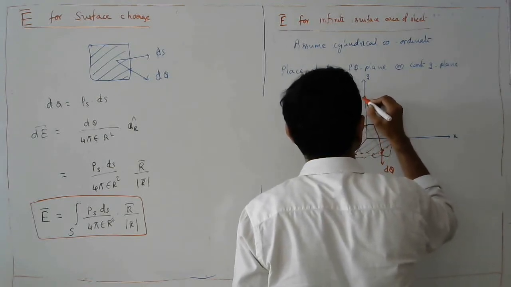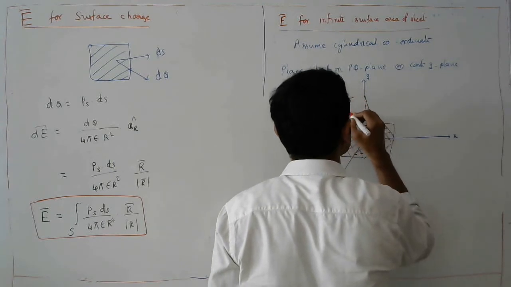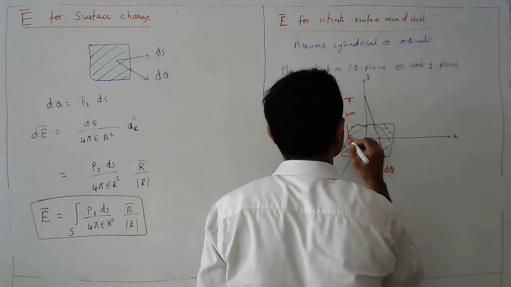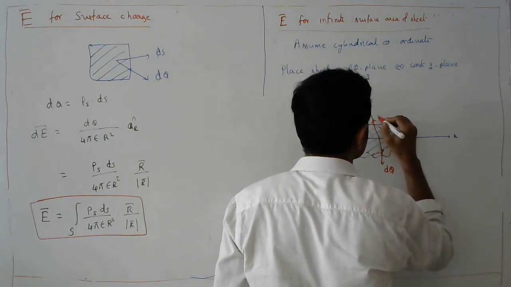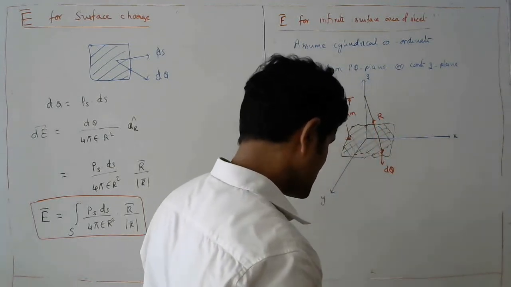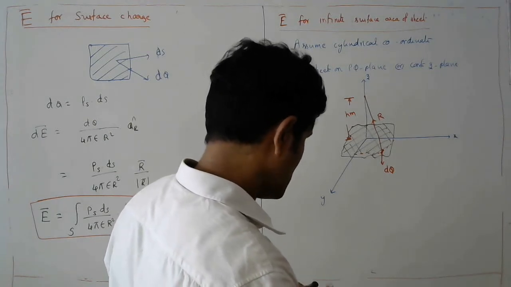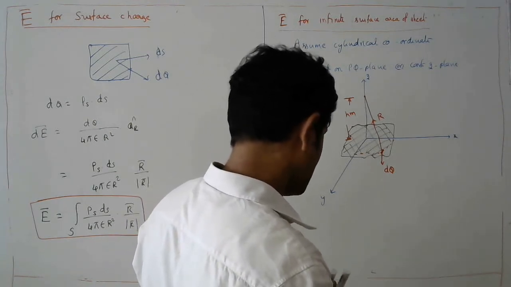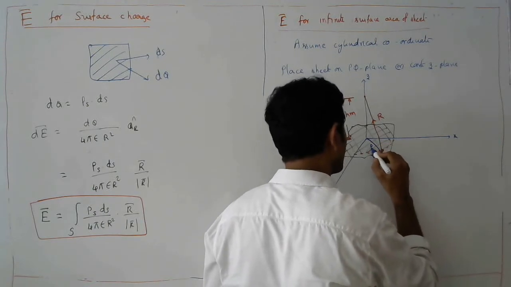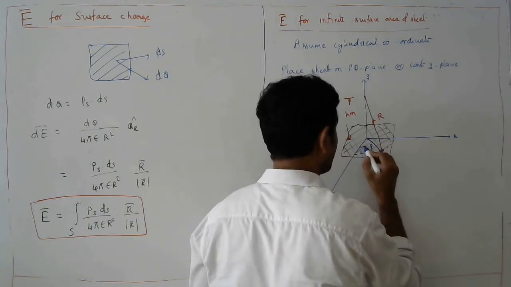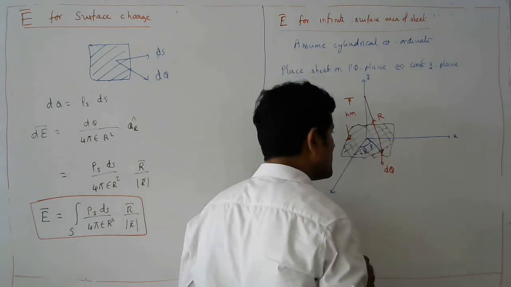Assume the distance from here to here is h meters. So the direction vector r is like this. The radius drawn from the origin to here is rho, and the angle made from this axis is phi.